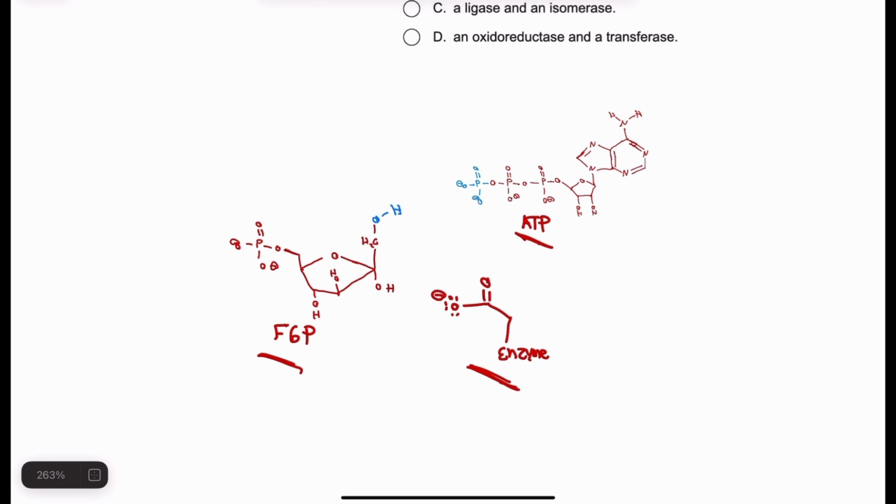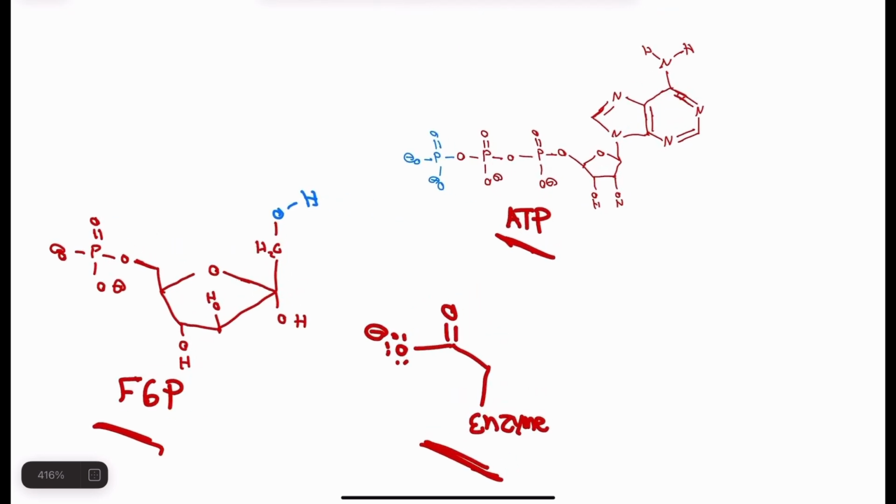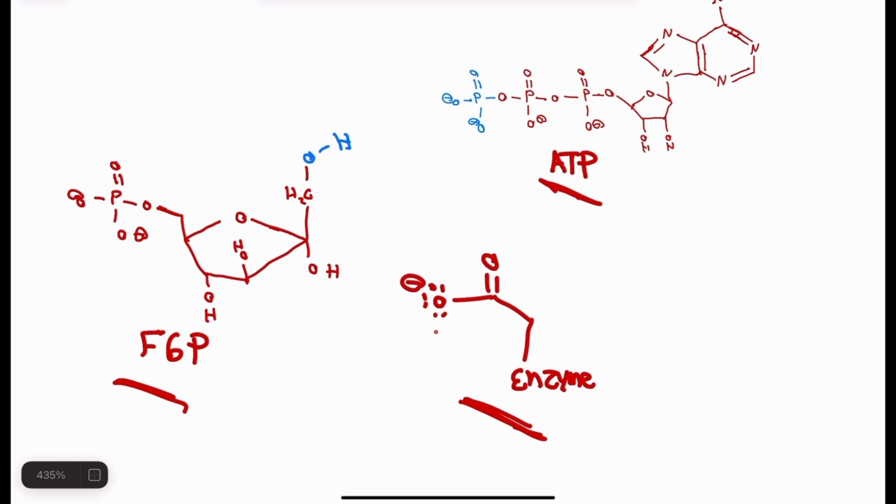So I'll go through a general mechanism for how this product is obtained, okay? We have this enzyme here, which is going to act as a base. It's going to come in and extract the proton from this hydroxyl. The proton is going to go to the enzyme, and you're going to get an oxide.